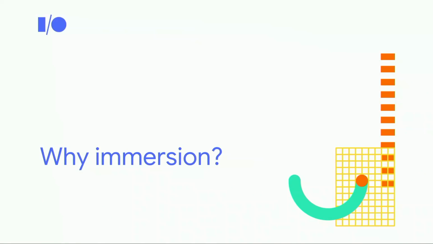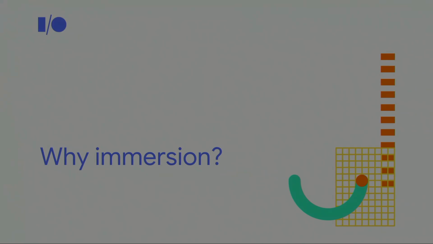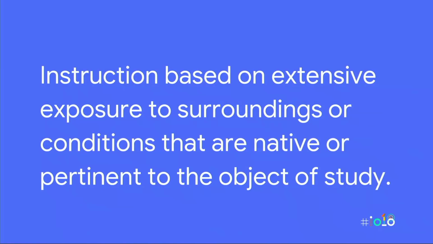Now, before we talk about immersive sprints, let's try to understand what immersion actually means. So to think about immersion, I went to Google and I looked up the dictionary, and here's a definition of the term immersion. Immersion is instruction based on extensive exposure to surroundings or conditions that are native or pertinent to the object of study.